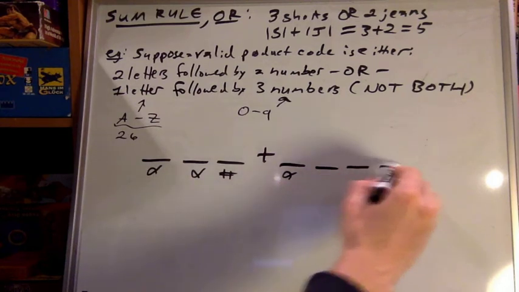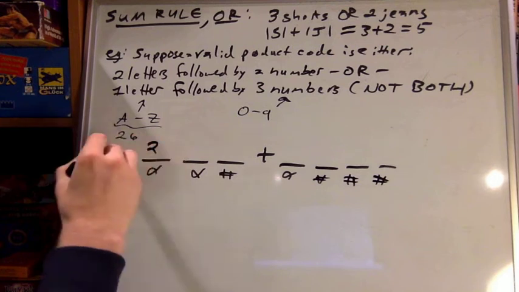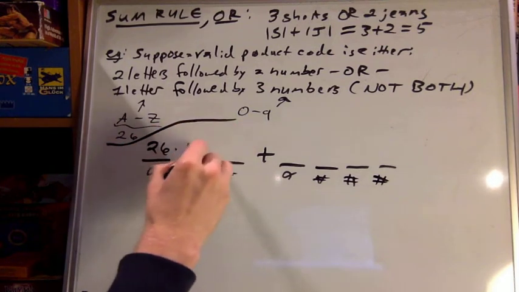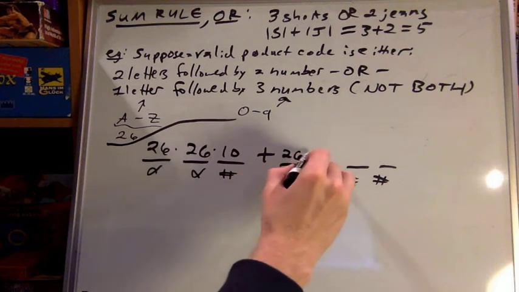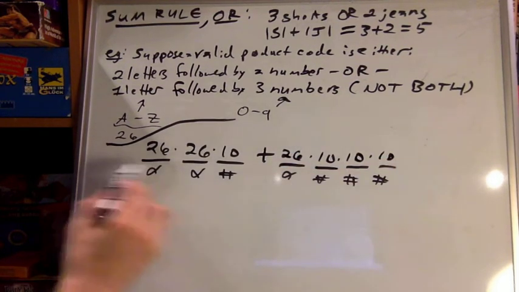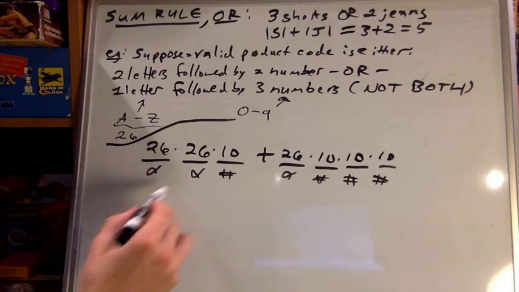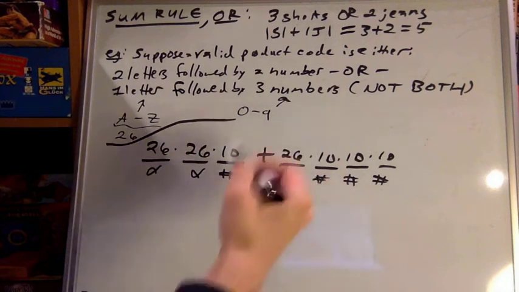So I've got 26 times 26 times 10 plus 26 times 10 times 10 times 10. So I'm either choosing a letter, then a letter, then a number, or I'm choosing a letter, then a number, a number, a number.